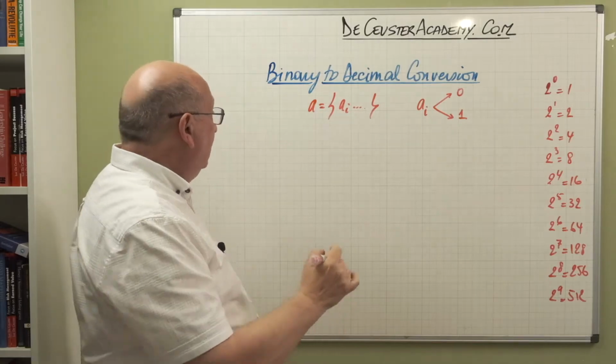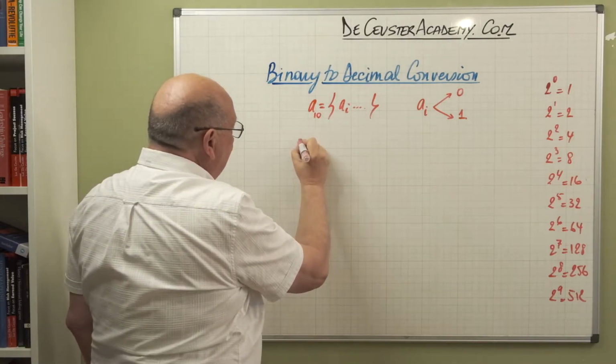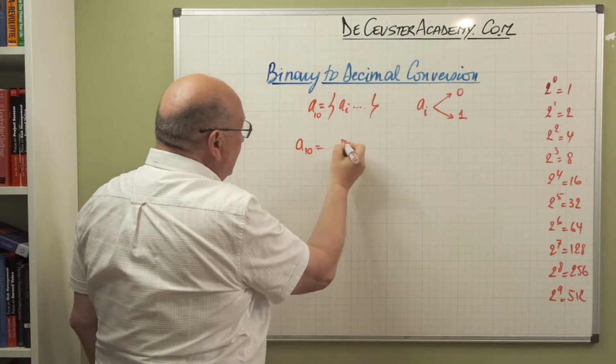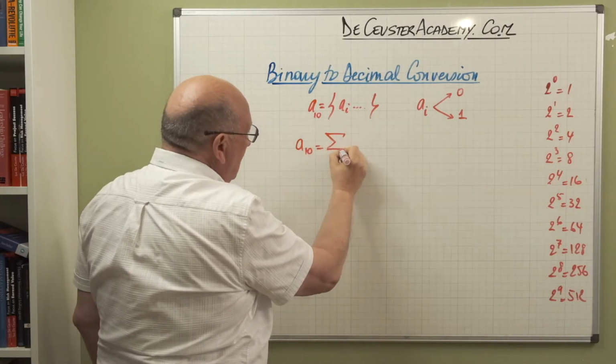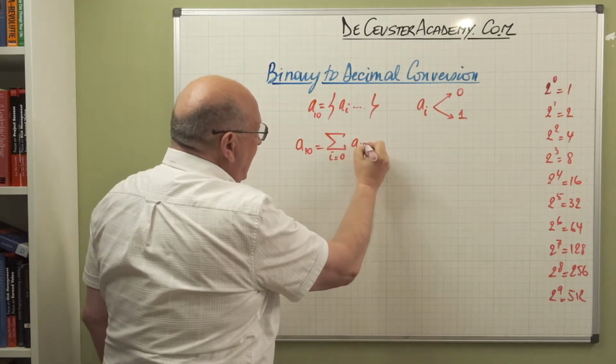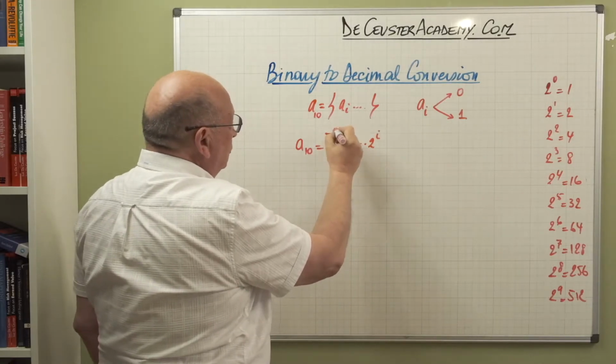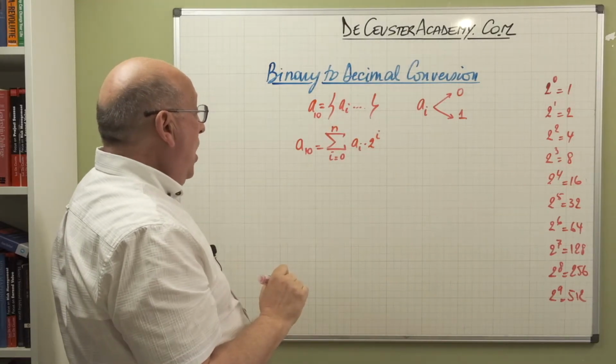And we can say that A in decimal notation is the sum of the a_i times 2 to the power i, from i equal to 0 to n.